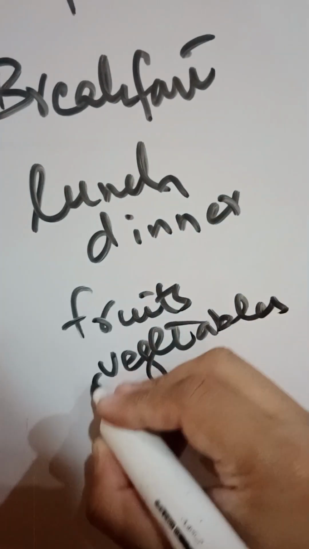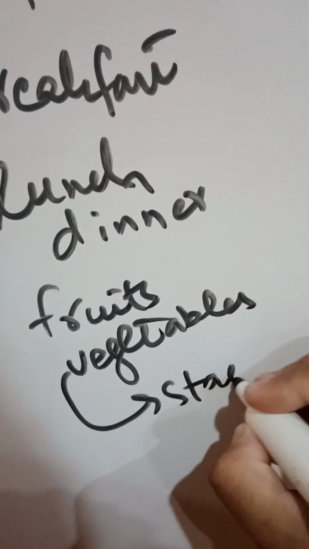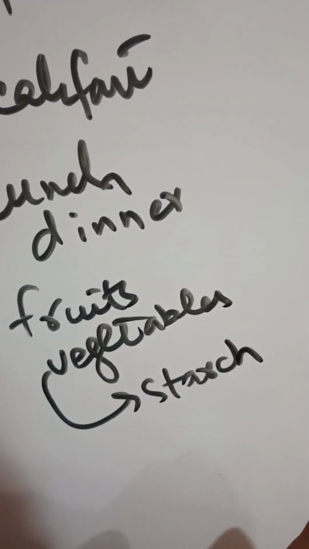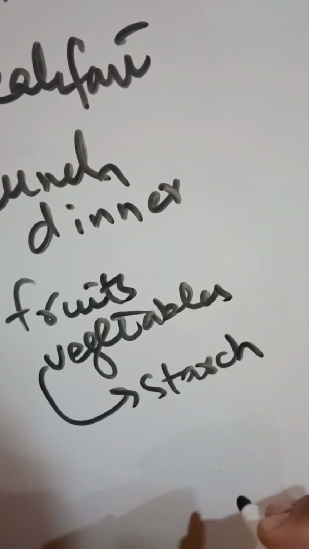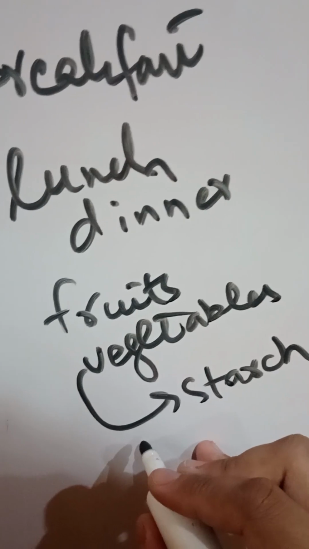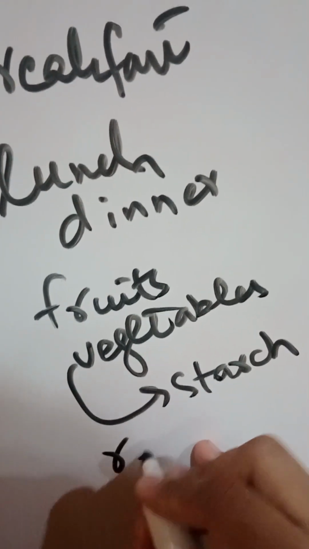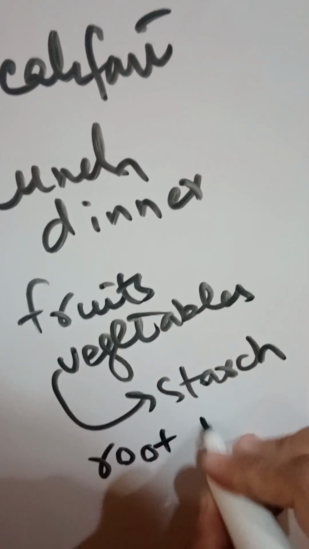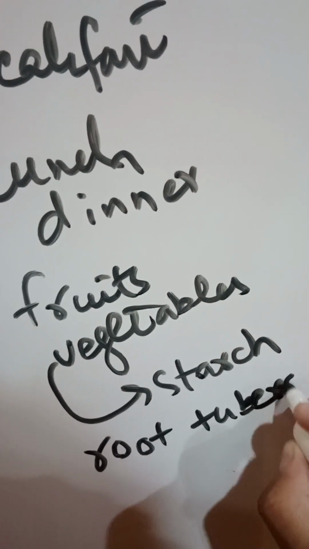Vegetables have starch, and basically the root tubers also have starch as well.